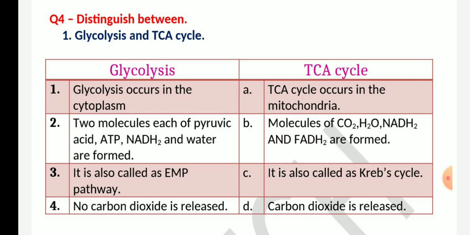Glycolysis is also called the EMP pathway, and the TCA cycle is also called the Krebs cycle. In glycolysis, no carbon dioxide is released. However, in the TCA cycle, carbon dioxide is released. So these were the 4 points in glycolysis and TCA cycle. Okay.